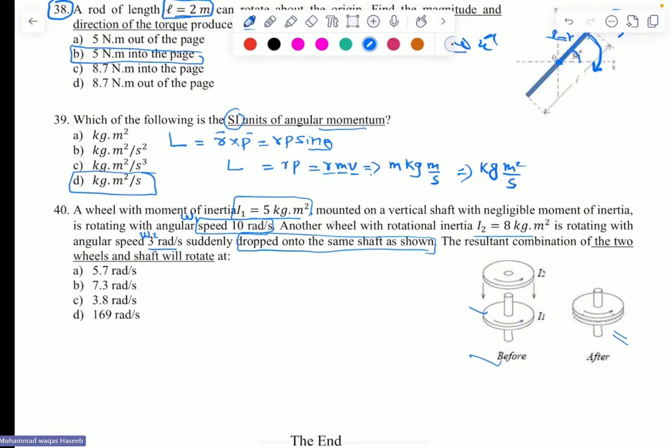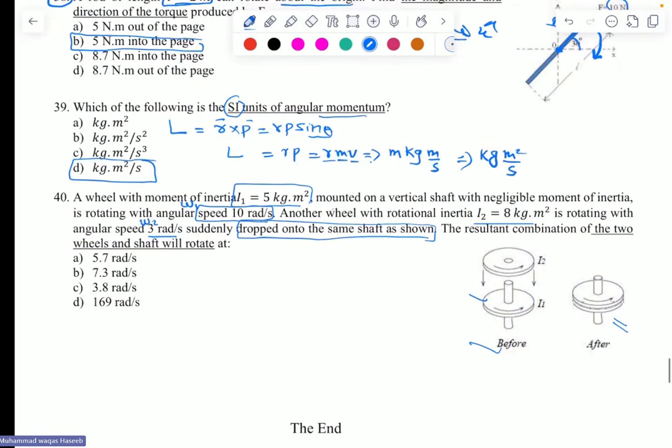So the resultant combination of the two wheels will rotate at what speed? We want to find the total angular speed of these two objects. So we apply the law of conservation of angular momentum, which says that the change in angular momentum is equal to 0, or the momentum before and the momentum after are equal. Angular momentum is nothing but I omega.